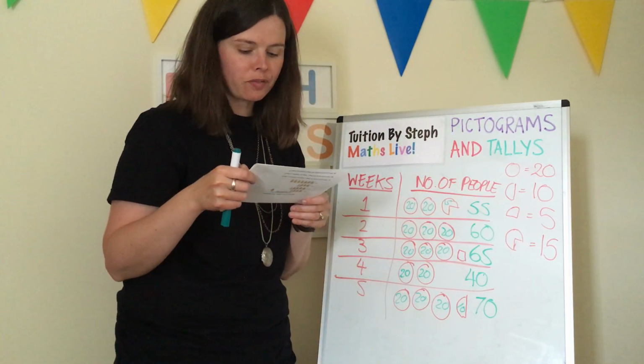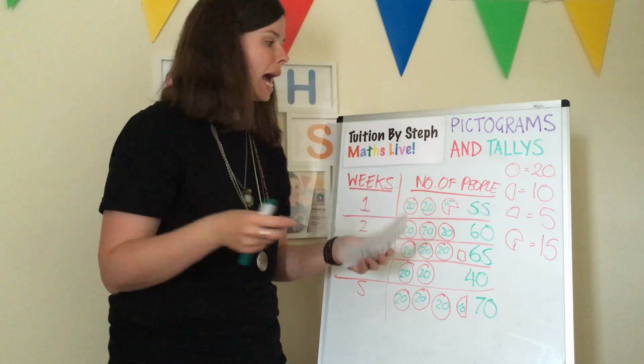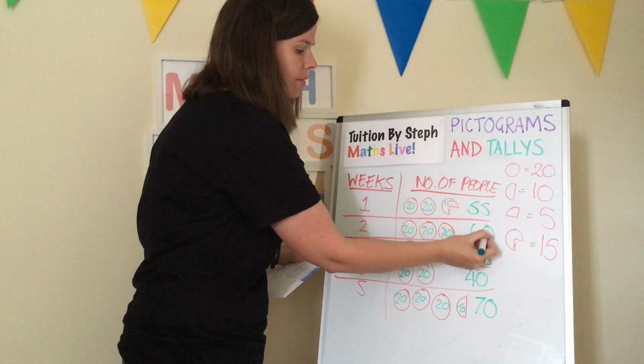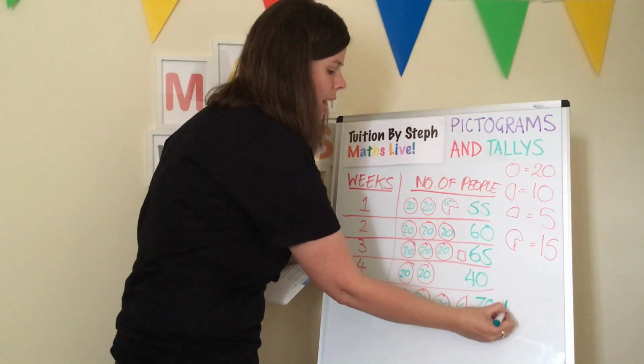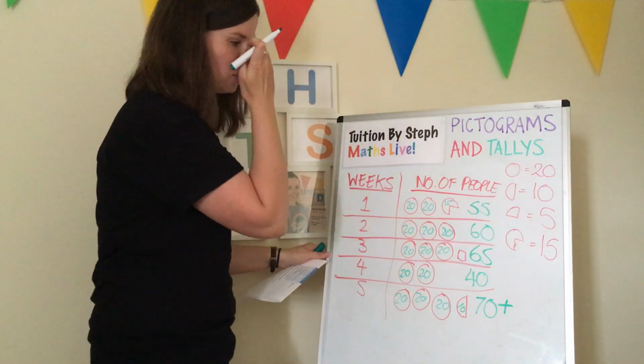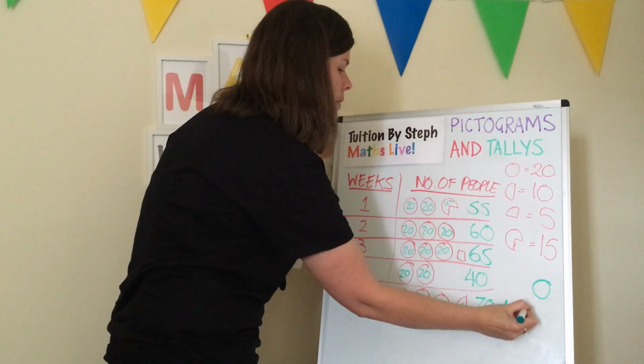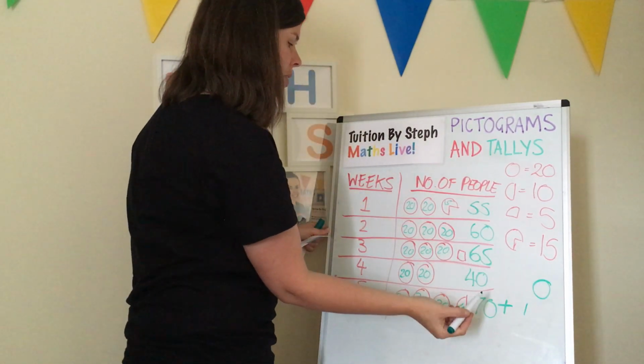How many people played football across the week? So that means you need to add 55, 60, 65, 40 and 70. Oh, Steph's got to do this in her head now. So we've got 0 and a 10 because there's 2 5s.